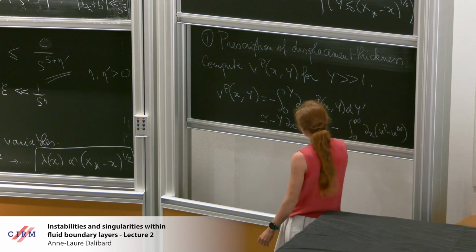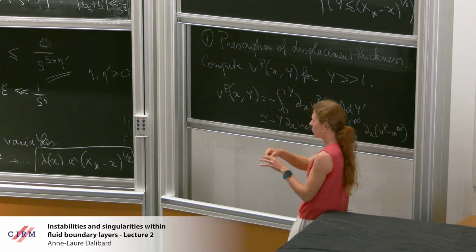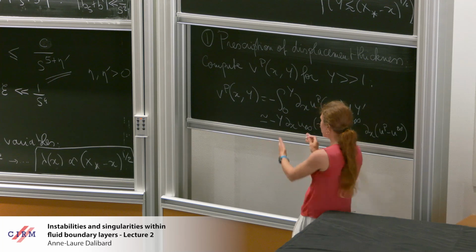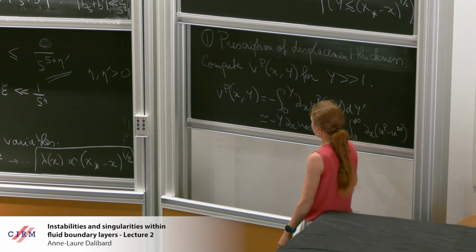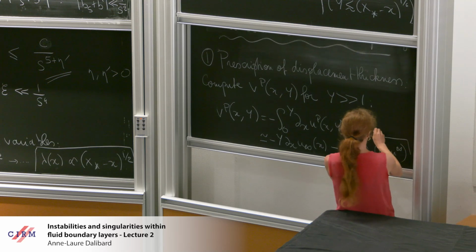This term is present when you do a kind of Taylor expansion of the Euler velocity close to the wall, so it's normal that you should have this term. I'll do a computation in a moment. This is what is called the blowing velocity.